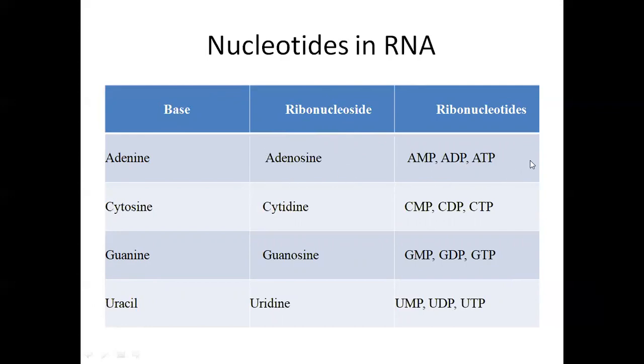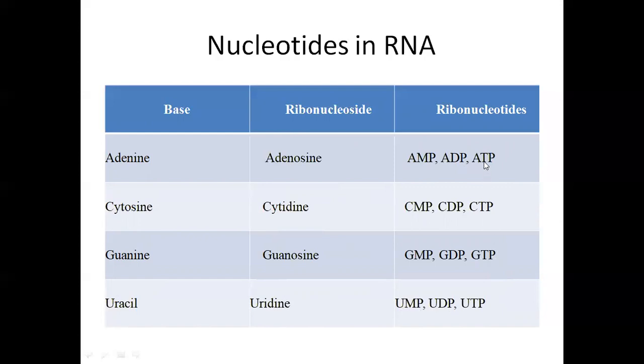Then what are the ribonucleotides here? Adenosine monophosphate. You are not using the prefix d. Adenosine diphosphate, adenosine triphosphate. Okay, like that you can give the names of nucleosides and nucleotides in case of RNA. Cytidine, guanosine, and here there is no thymine, uracil is there. And the nucleoside name is uridine, uridine monophosphate, uridine diphosphate, uridine triphosphate.